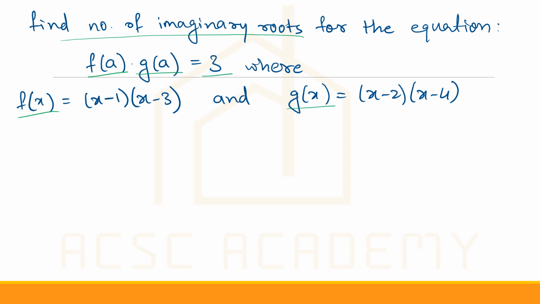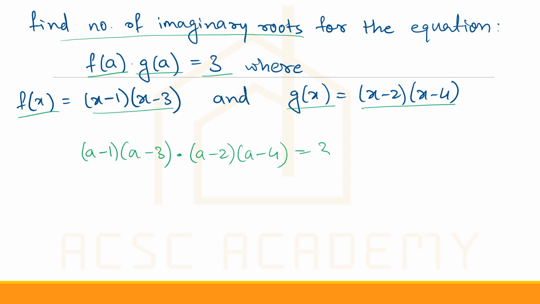Instead of f of a, we will write a minus 1, a minus 3, and in place of g of a, we can write a minus 2, a minus 4 equal to 3. So this is our equation for which we need to find the number of imaginary roots.